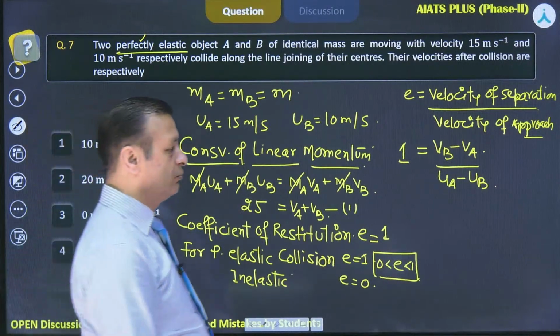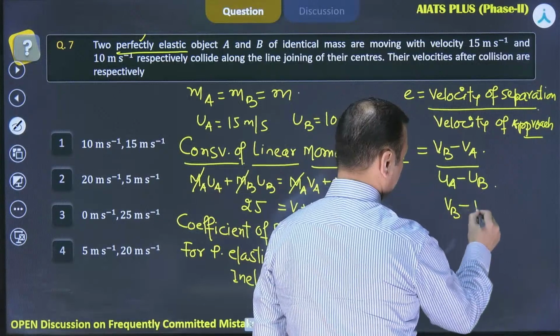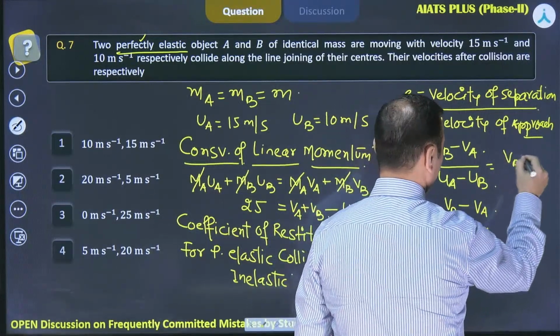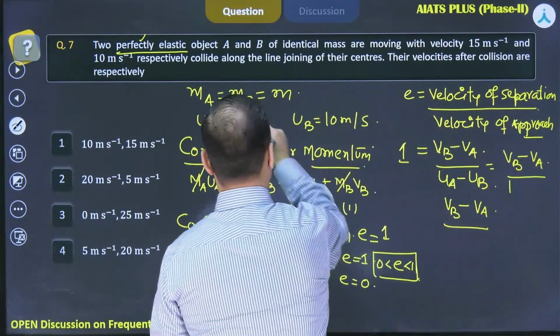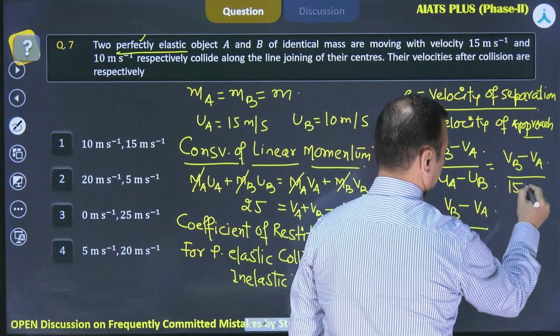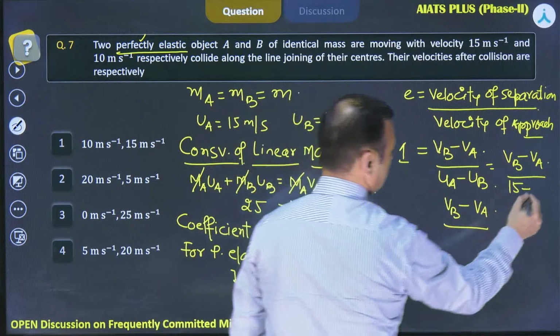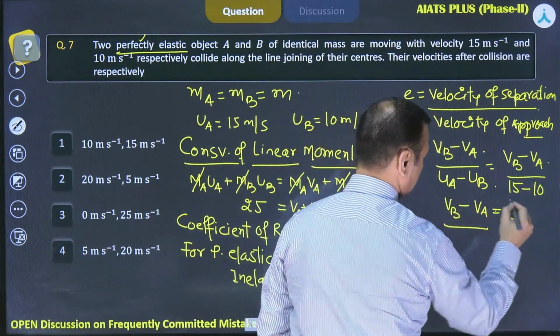Now let's put the values. VB minus VA, by UA was 15 and UB is 10. So this becomes 5. So VB minus VA becomes 5.